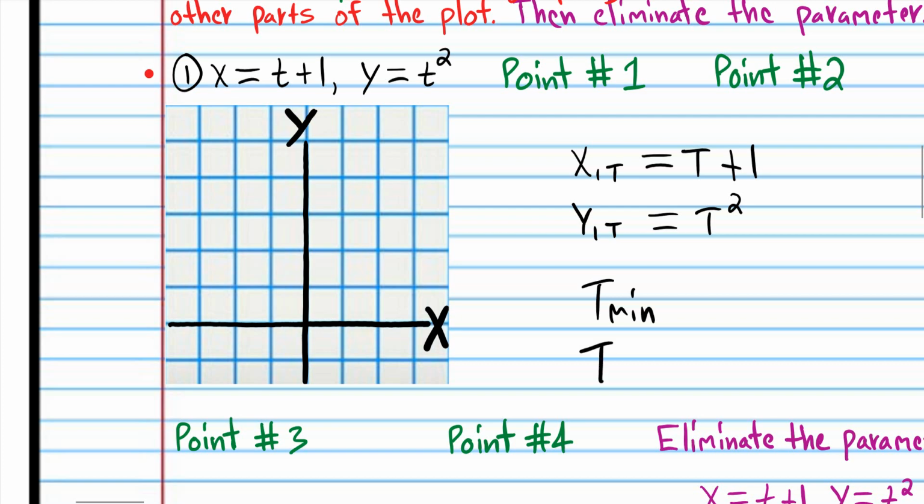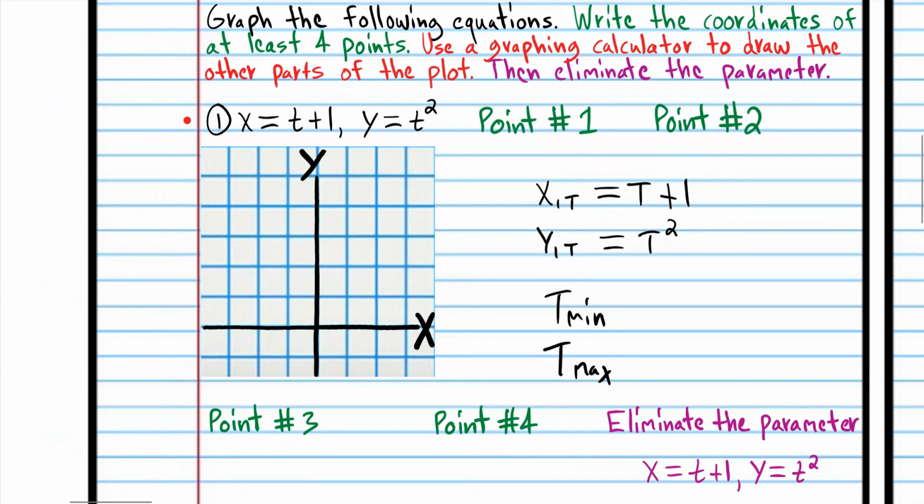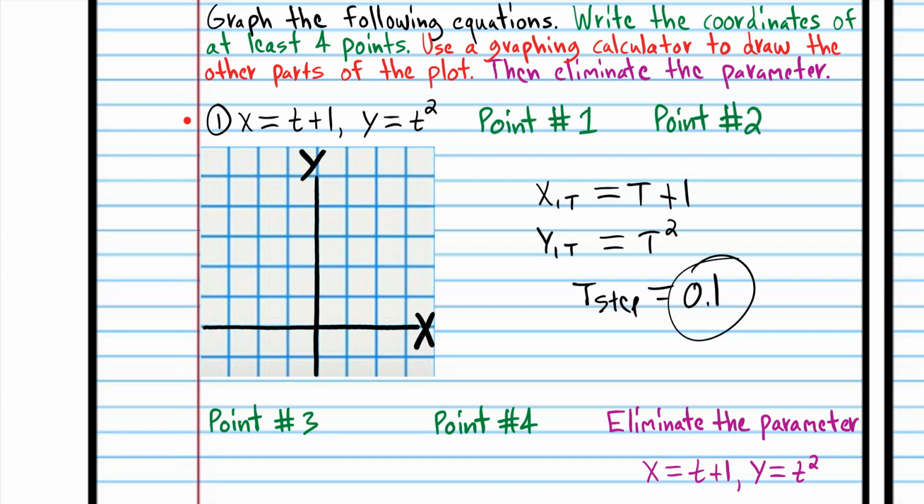So those are all the possible values for your parameter T. So you can enter -10 for T minimum and +10 for T max. That's probably going to be good enough for us. Now T step is the interval for each T value. I want you to enter 0.1.